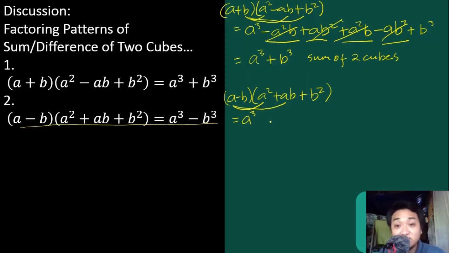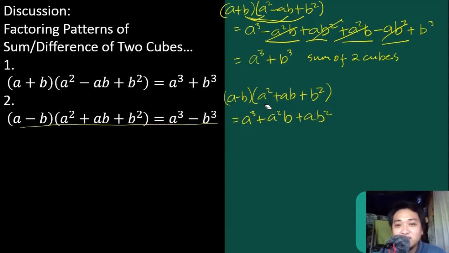A times positive AB, positive diretso, A times AB is A squared B. Yung pangatlo, A times B squared, again positive so diretso positive. Positive times positive is positive. A times B squared is AB squared.